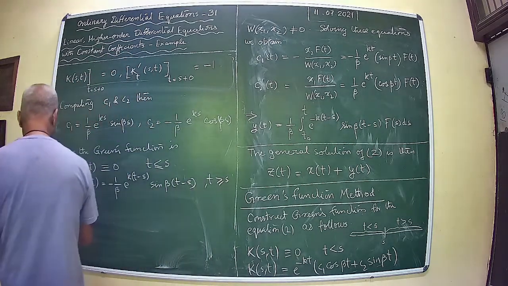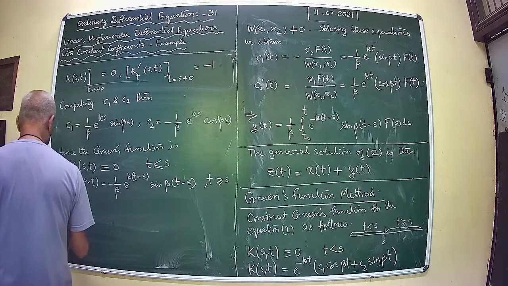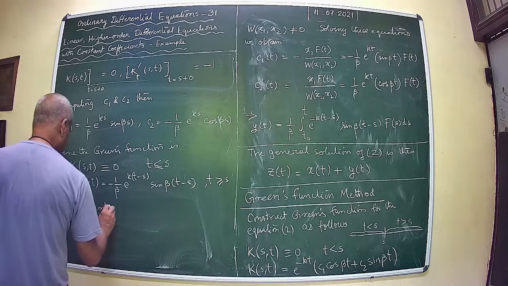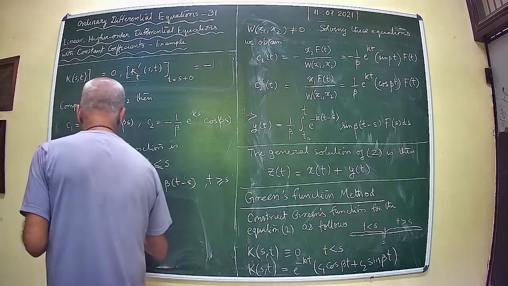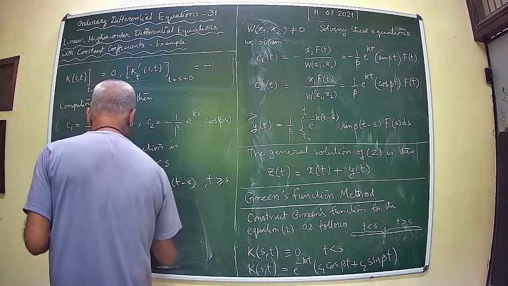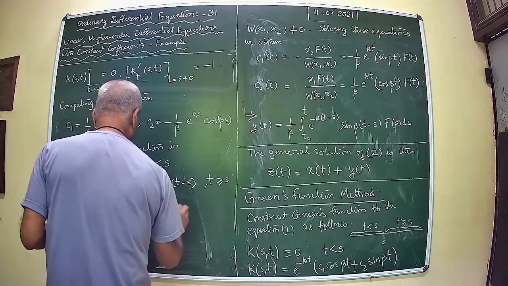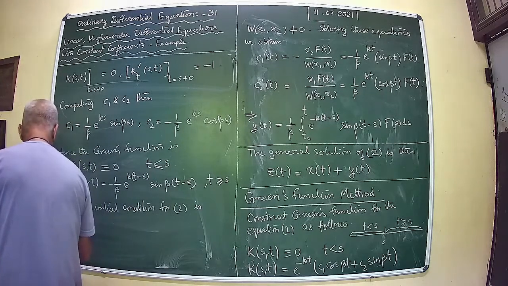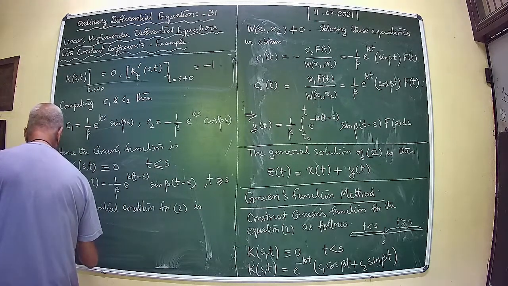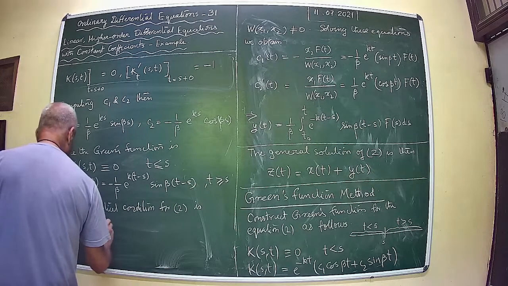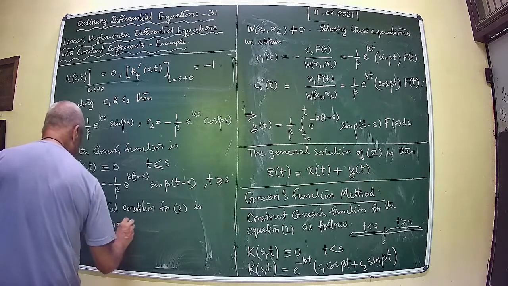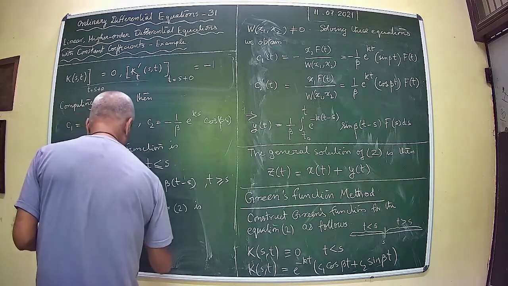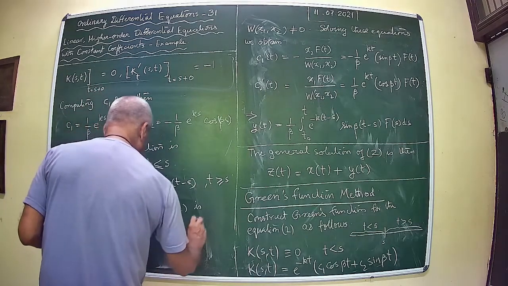Now suppose the initial condition for x is given by x(t0) equal to 0.